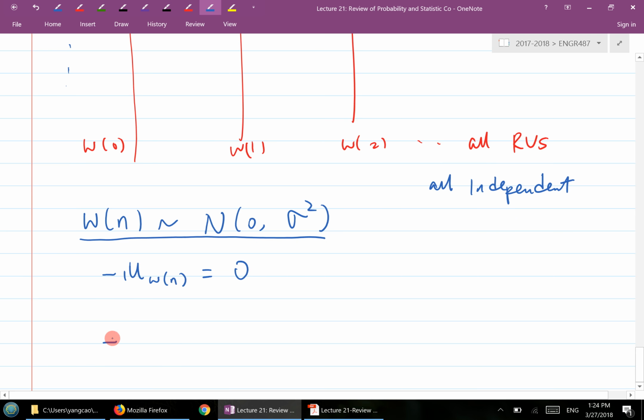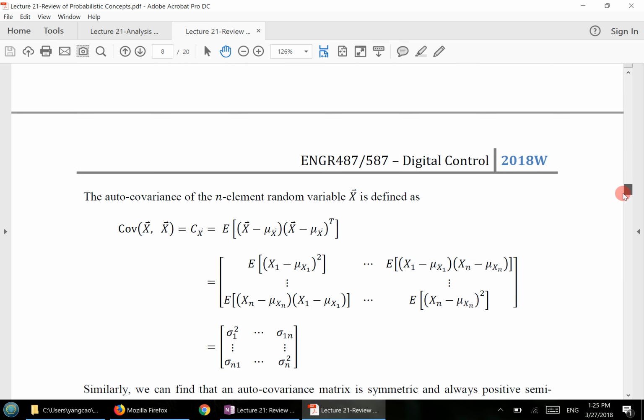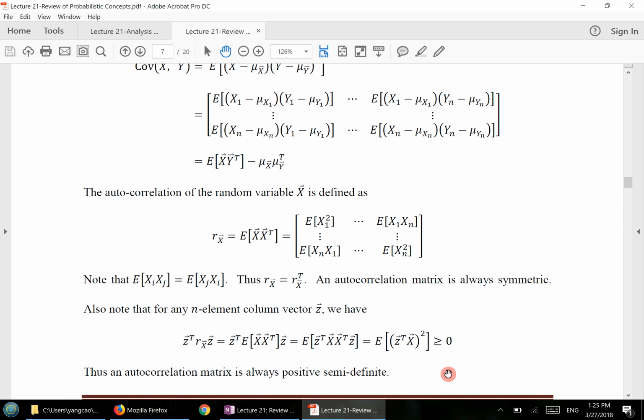If I look at the correlation of these random variables, as we just reviewed, I'll show you the formula. The correlation is this one right here. They all have 0 mean and they are all independent, and guess what? The off-diagonal components are all going to be 0.